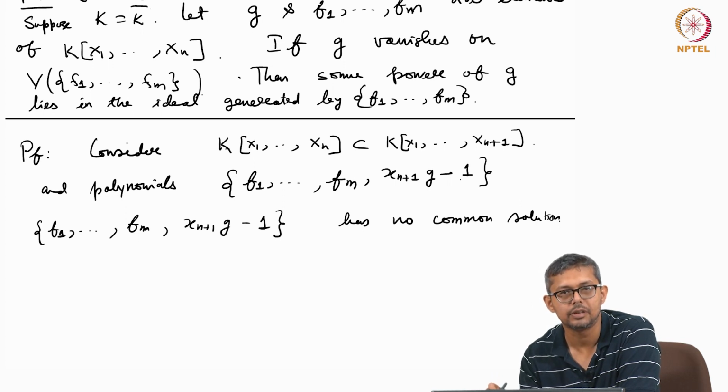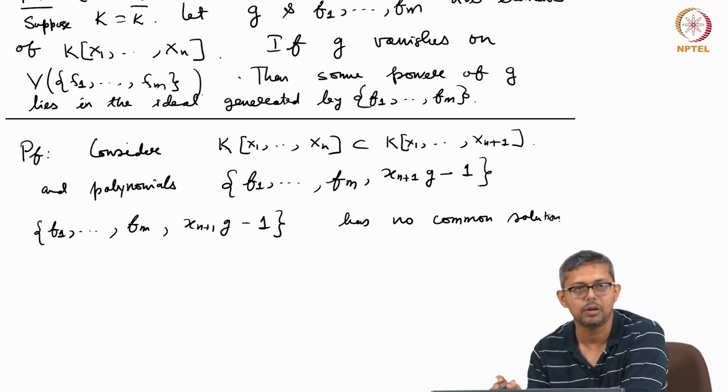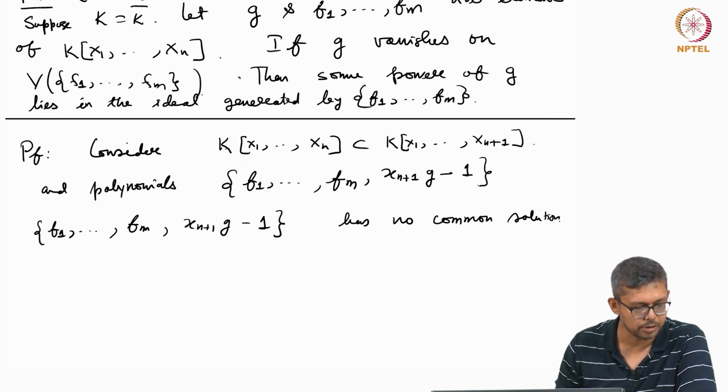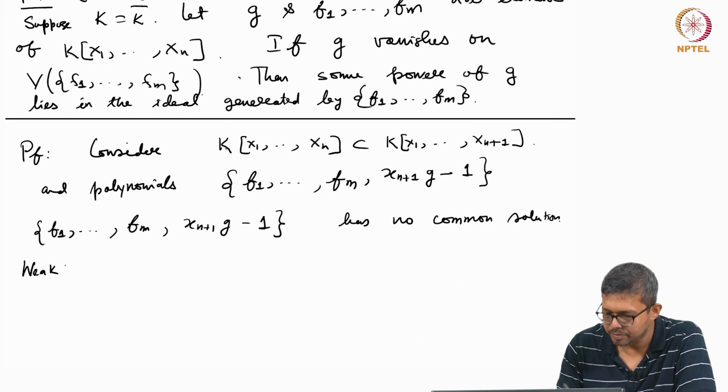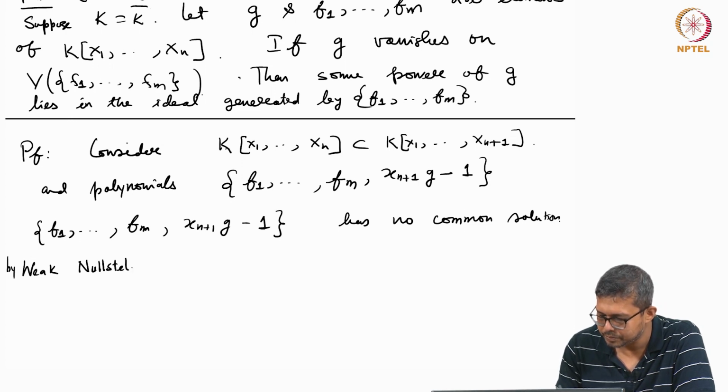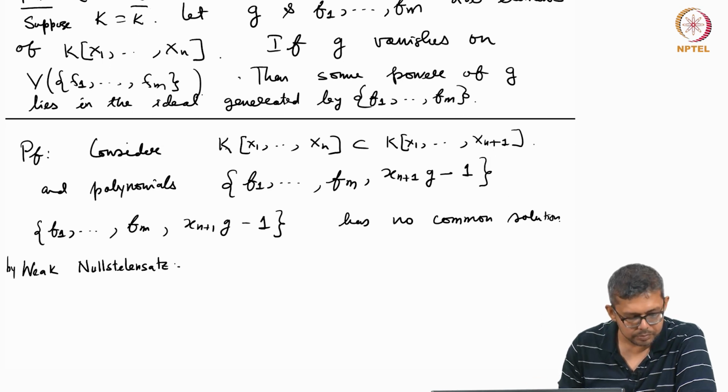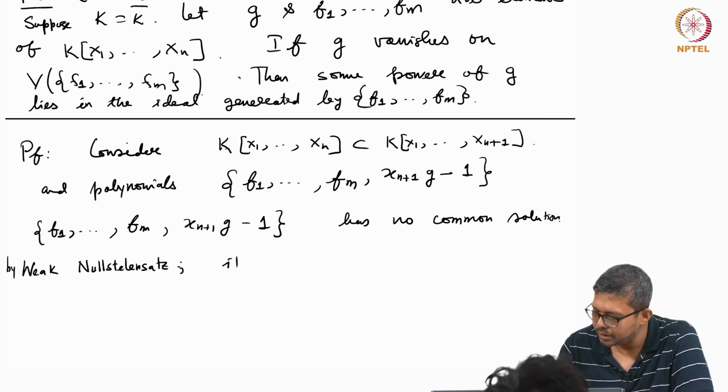So this set of polynomials has no common solution. Now you use the weak Nullstellensatz.